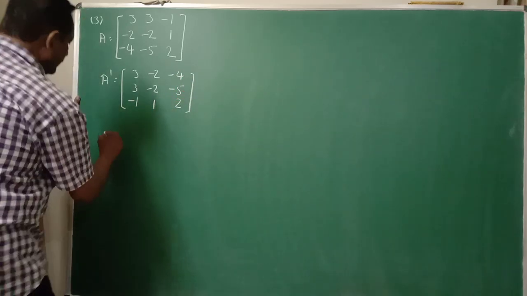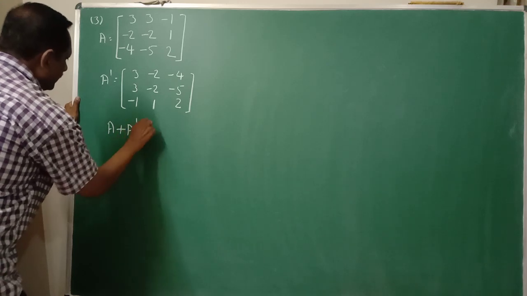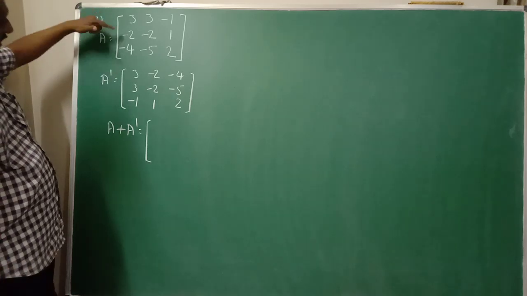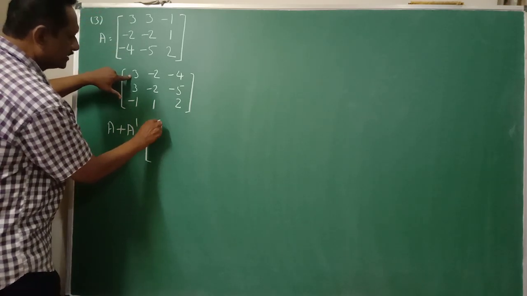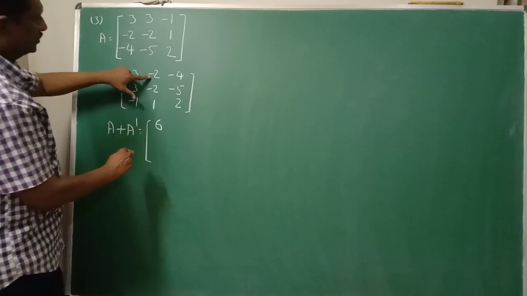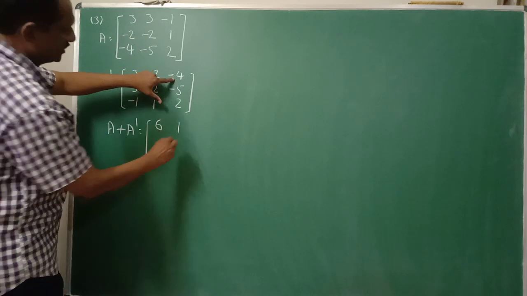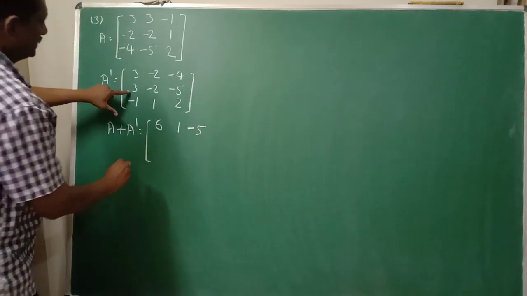Add it here. A plus A dash is equal to. Okay, I am writing a direct step here. Add here. 3 plus 3 becomes 6. 3 minus 2 is 1. Minus 1 minus 4 is minus 5. Minus 2 plus 3 is 1.